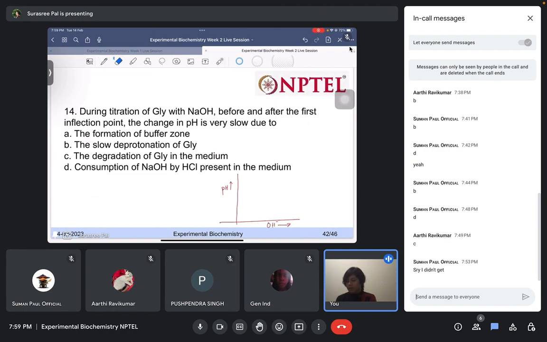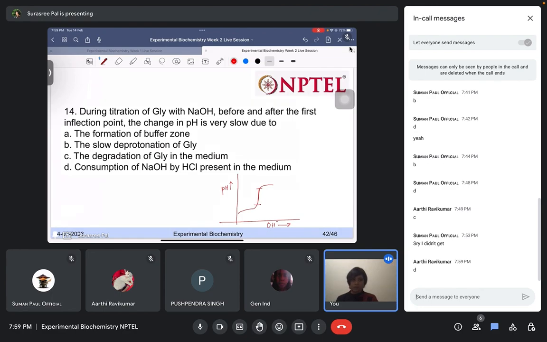And what happens is that it becomes like this kind of a position, this kind of a zone.